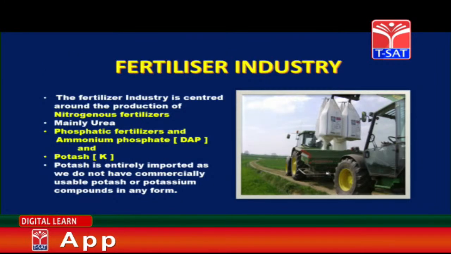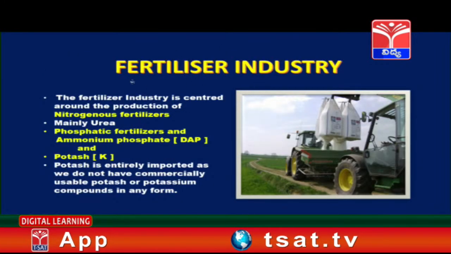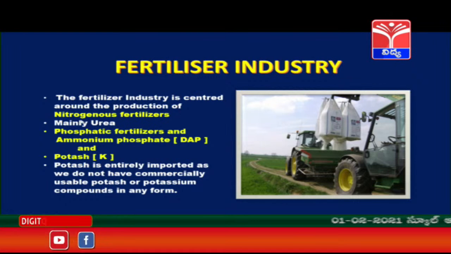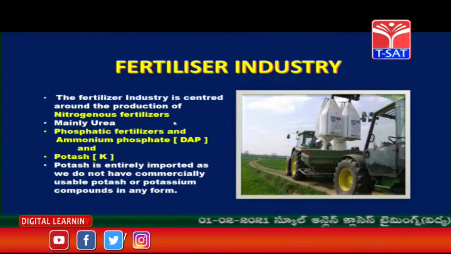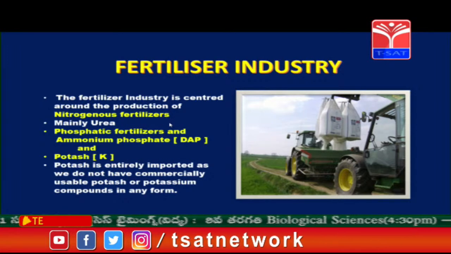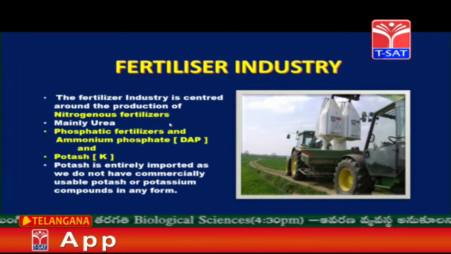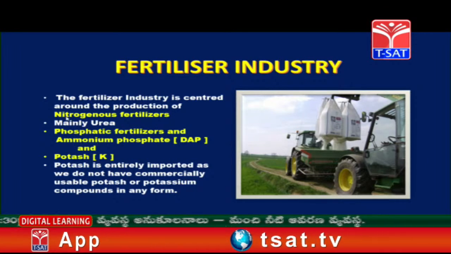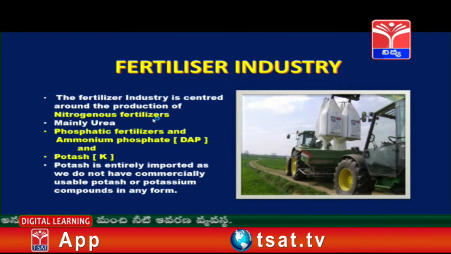Next is fertilizer industry. So, industries which produce fertilizers. The fertilizer industry is centered around the production of nitrogenous fertilizers, mainly urea. So, who uses this? Farmers. Farmers use fertilizers. Okay. So, what mainly they use is urea, and that is called nitrogenous fertilizer.